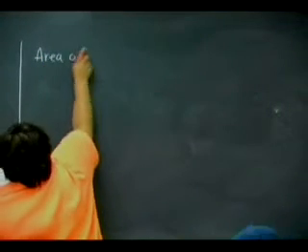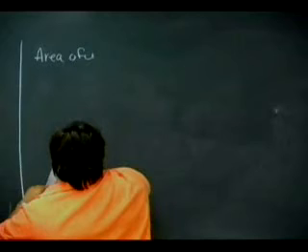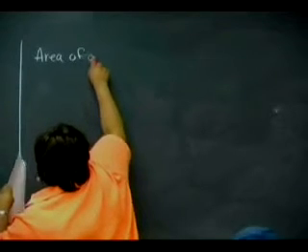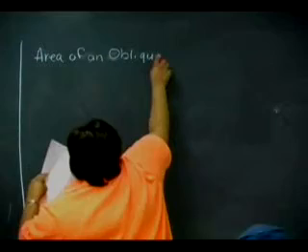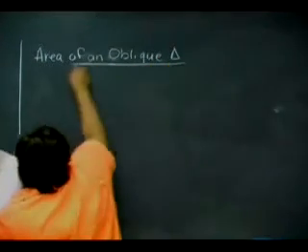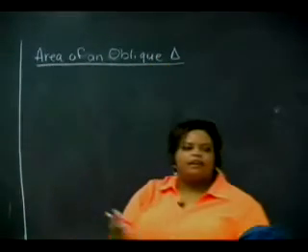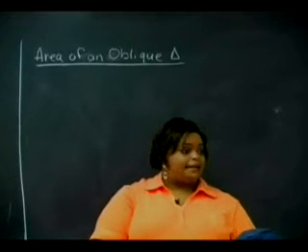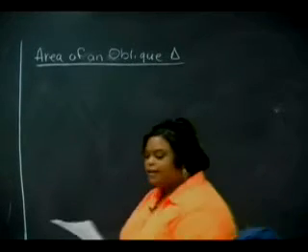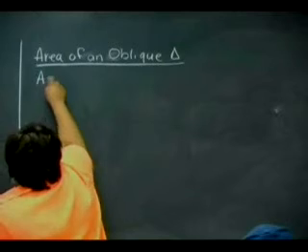So, area of an oblique triangle. What's the area of just a triangle? It's 1/2 base times height, right? Well, these problems you may not be given height. You can find height, but you may not be given it.